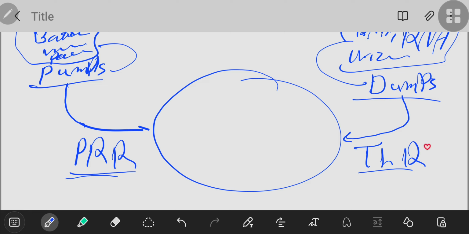Inside the cells, we have something called NF-κB.